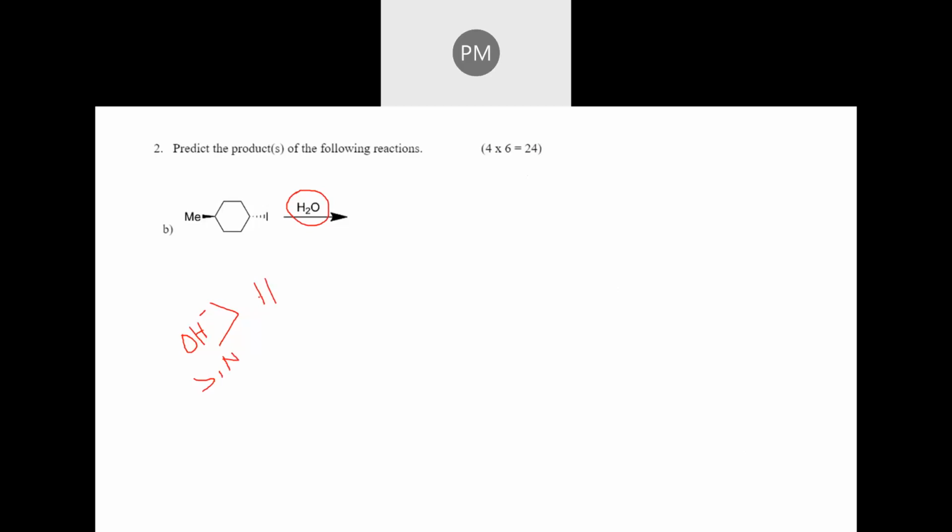When there is a weak nucleophile, there is a chance that our reactant will favor the SN1 pathway. So a strong nucleophile favors the SN2 pathway, but a weak nucleophile favors the SN1 pathway.